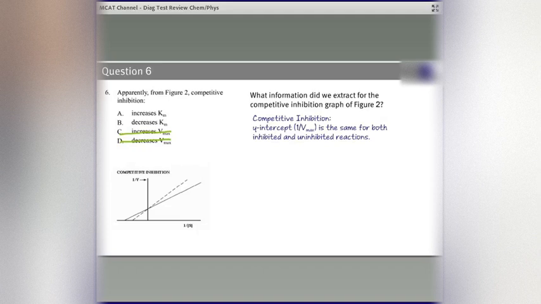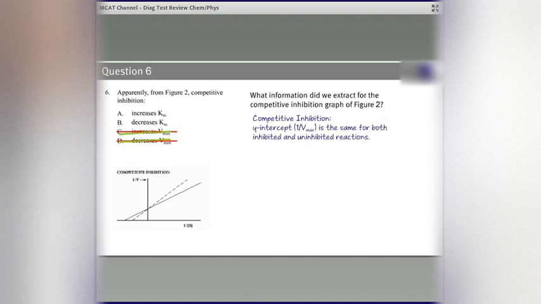The next thing we're going to take a look at, since the other 2 answers are about K sub M, we need to figure out that. But what is our slope? What was the definition of our slope? It's not just K sub M. Very good, Ibrahim. It's K sub M over V max. But what do we know is true of V max? Well, V max, we just decided, doesn't change, right? So any difference in slope is due only to what changing?